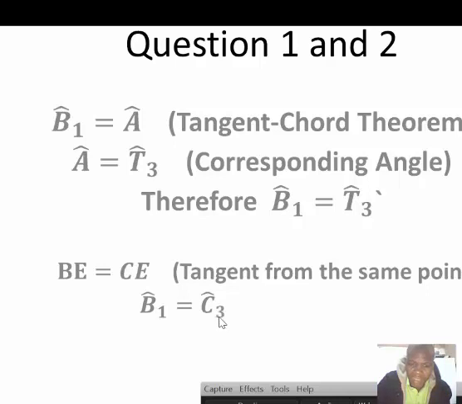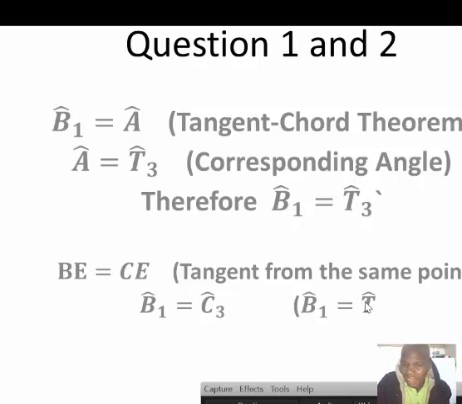Another thing that you should note is that B1, according to this, is equal to T3. So the fact that you've proven that B1 is equal to T3 also goes to show that you are proving the quadrilateral.